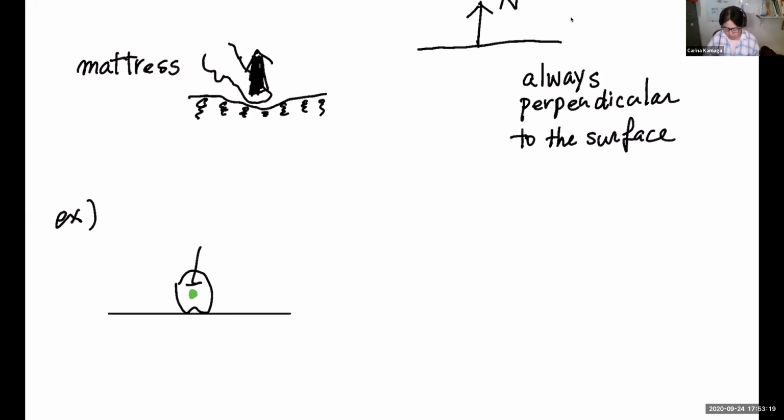And then from here, you always have a gravitational force. What's the direction of a gravitational force? Always vertically downward. So let's draw it downward, and make sure to label it: vertically downward.